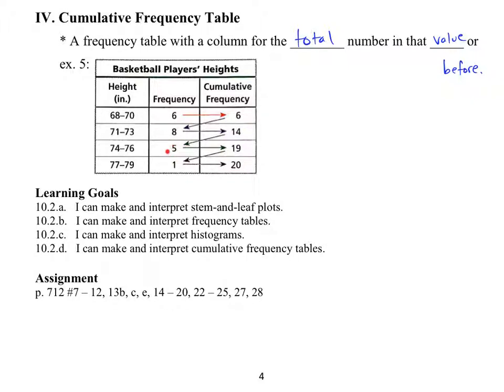If we have 5 more people that are between 74 and 76 inches, this is going to be the total that fits all the ones above. So 6 plus 8 plus 5 gives you the 19. I wouldn't worry about their little arrows necessarily as much as this here's the total for this and all the ones above it. Then if they have one more person that's 77 to 79 inches in there, then they'd add one more to the total to get the 20. Yes?